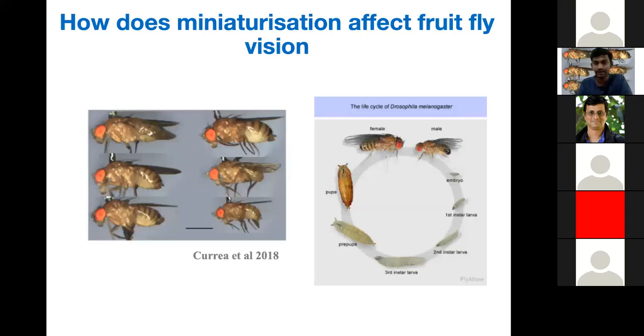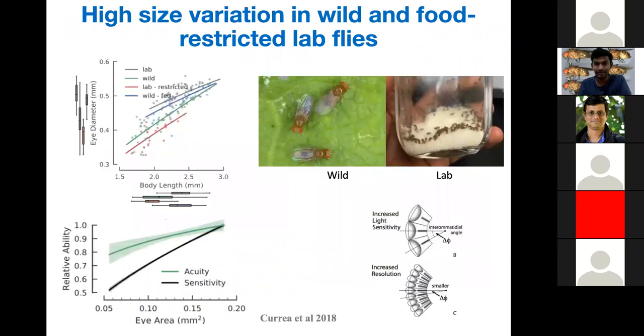Again, keeping the same theme of miniaturization, we wanted to understand how miniaturization affects fruit fly vision. One of the lab members, Pablo, was able to isolate third stage larvae of fruit flies and starve them. That creates the huge size variation that you see in Drosophila. In the wild, fruit flies have a really wide range of body sizes, as you can see.